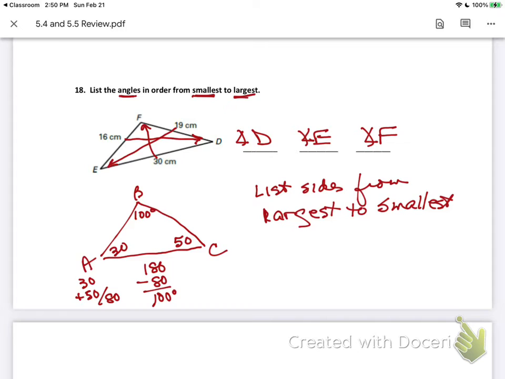Then once I have that, I want largest to smallest. So my biggest side is going to be across from the 100 degrees. That's going to be AC. My median side will be across from the 50 degrees. That's going to be AB. And my smallest side will be across from the 30 degrees. That will be BC. Okay, so if they don't give you all three angles, find the missing angle and then make the determination about the sides.